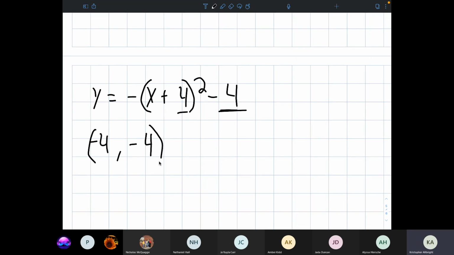Now for domain, we're going to worry about that in a minute. Same thing with range. The axis of symmetry is where the mirror is laid. I'm thinking graph is probably a good place to start with this, but we do need the vertical stretch and whether it's up or down.